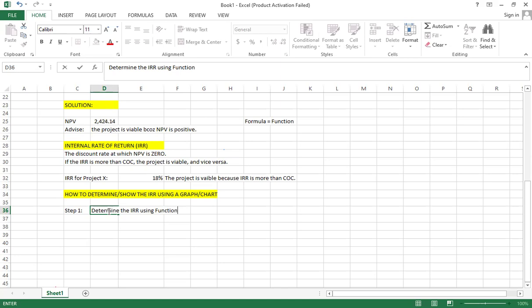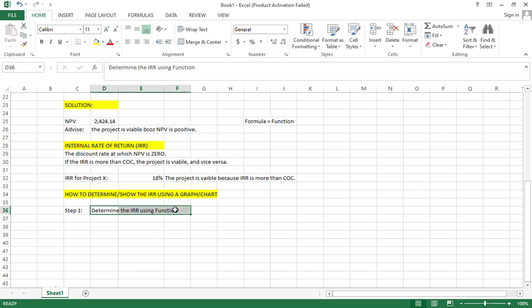That is why I said this could also be framed as 'how to show', because you cannot determine the internal rate of return using a graph without first referencing the function. You must first know how to determine the internal rate of return using the function before you can come up with a graph, which is the most important thing to then show here.